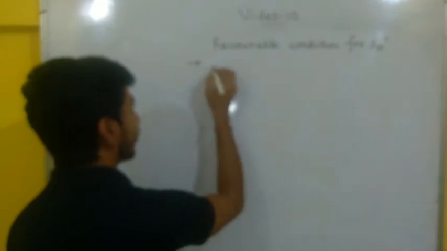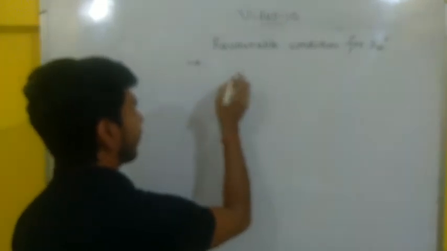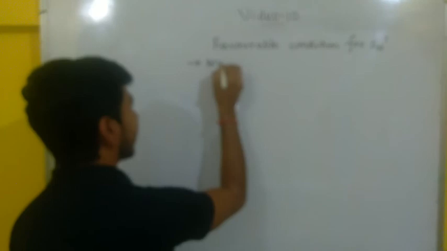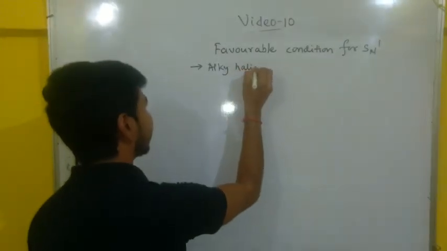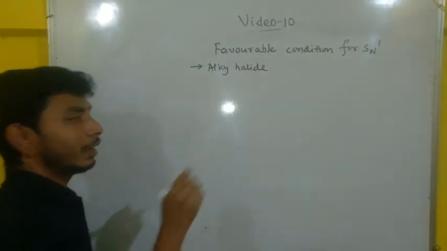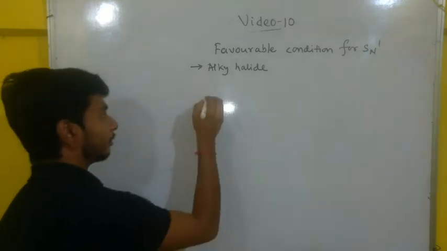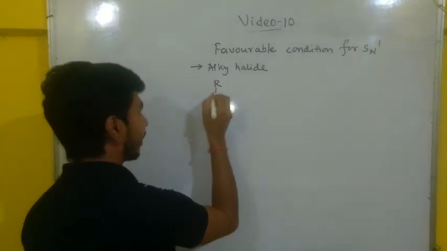For SN1 reaction, first is alkyl halide. Now look at this alkyl halide.